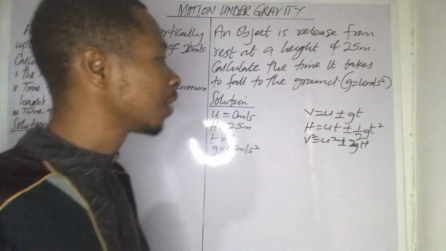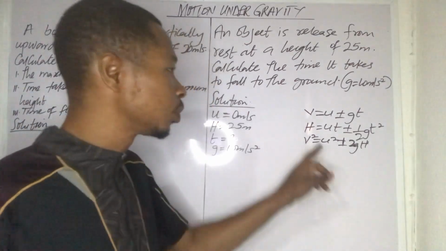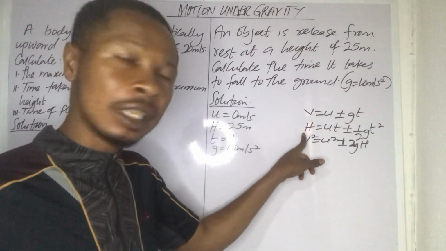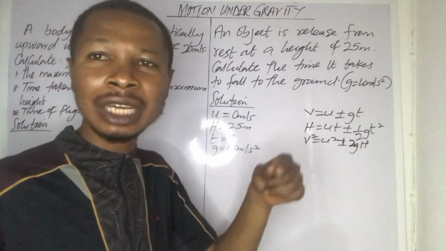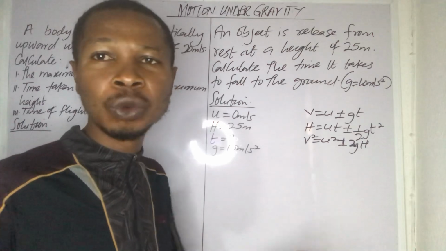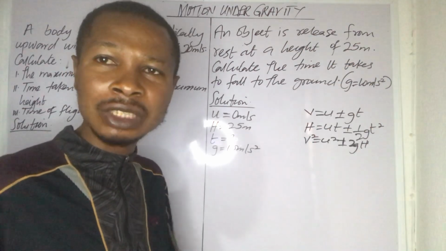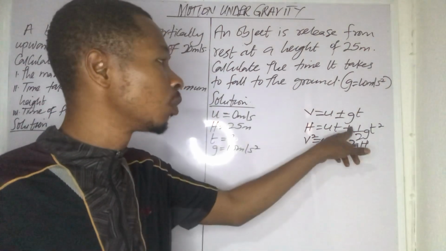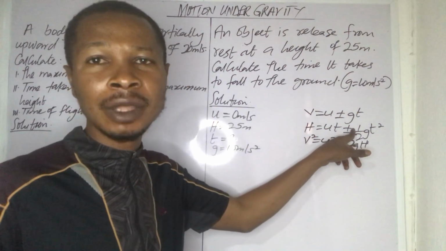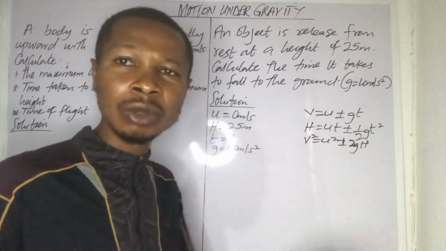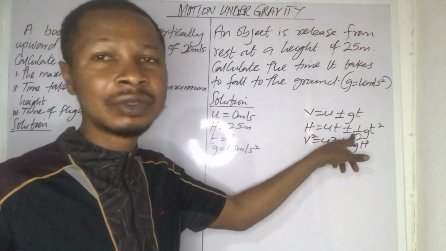Now, is it going to be the equation of vertically downward motion or vertically upward motion? When the object is moving downward, released from a height, you use the one with the positive sign. But when the body is thrown vertically upward, you use the one with the negative sign.